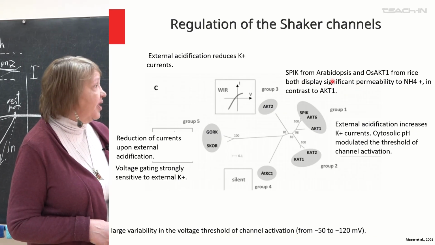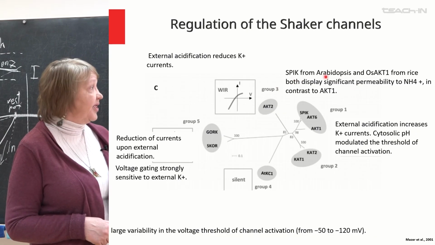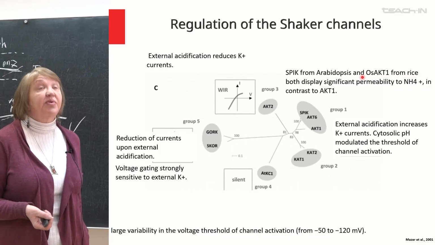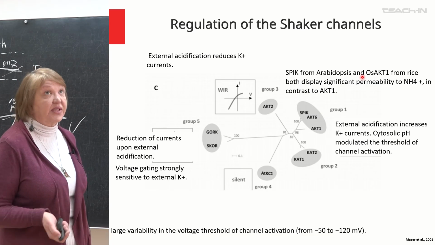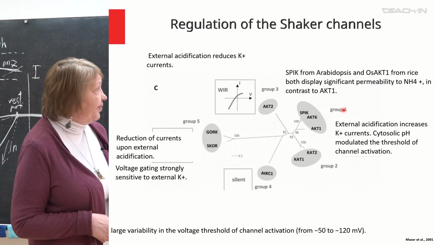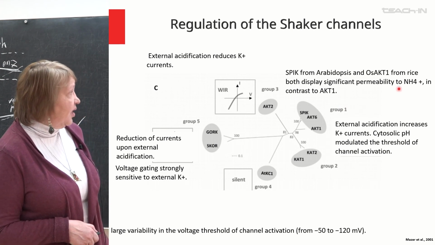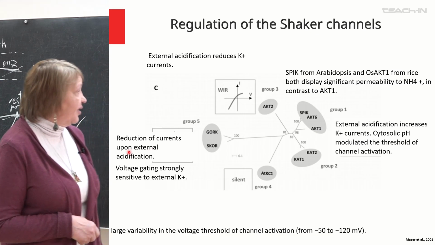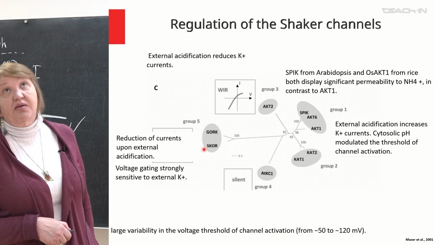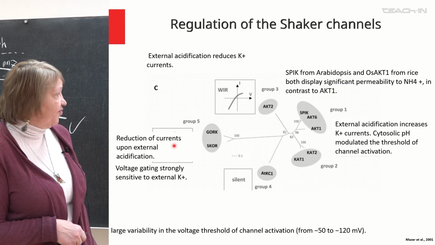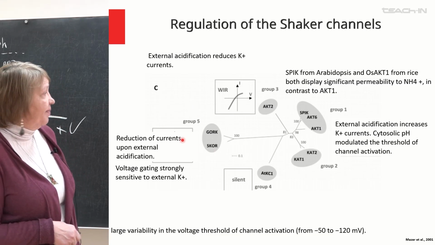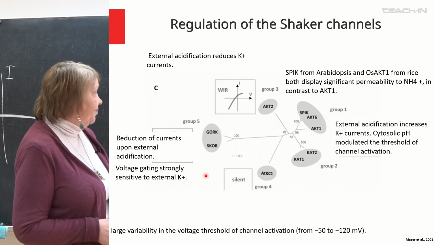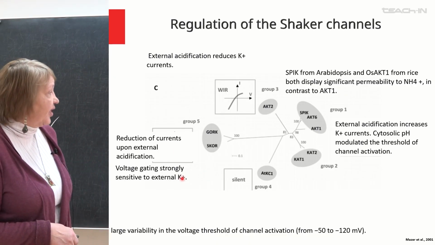For example, SPIK from Arabidopsis and rice AKT1 have a measurable conductance to NH4. Again, external acidification reduced potassium current through group 5 channels, and also voltage gating is strongly sensitive to external potassium.